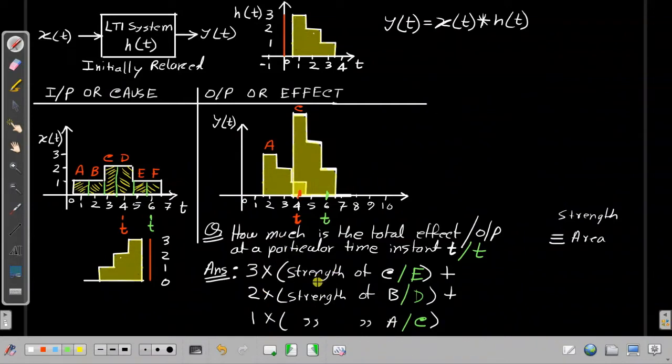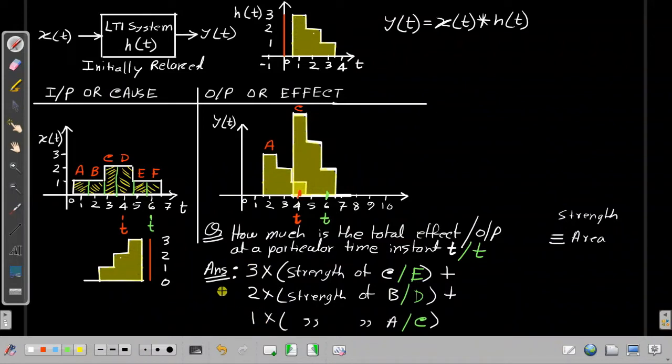To get a perfect answer, you should take very thin slices, and therefore the number of slices will also be very large, and then this sum will actually turn into an integration.